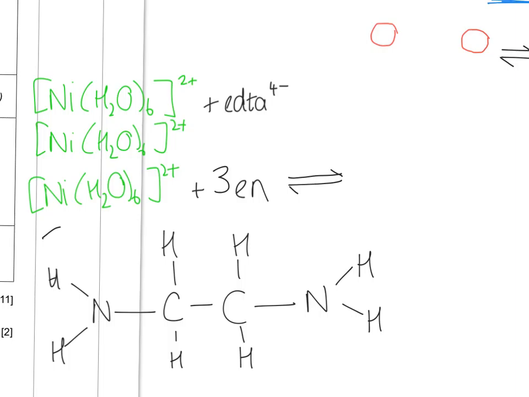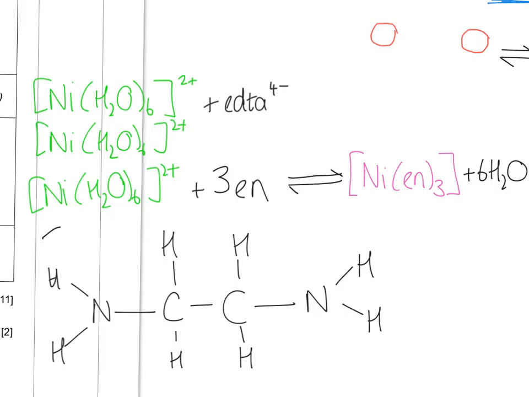Those 3 bidentate ligands replace the 6 monodentate aqua ligands. And so what I end up with is my nice pink [Ni(en)3] complex. We'll worry about the charge in a second. Plus 6 waters, which are now free in solution because those ligands have been replaced by the 3 bidentate diaminoethane ligands.